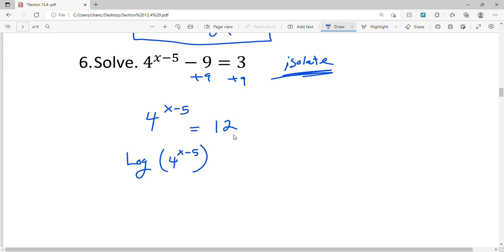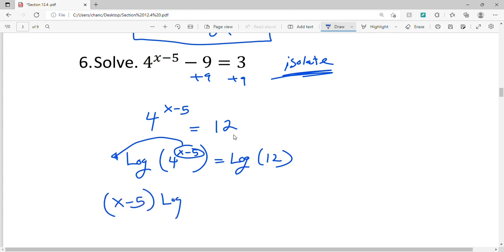The reason I want to take the log of both sides is so I can bring down that exponent. That x minus 5 is now in the front of my equation. We have x minus 5 times the log of 4 is equal to the log of 12.